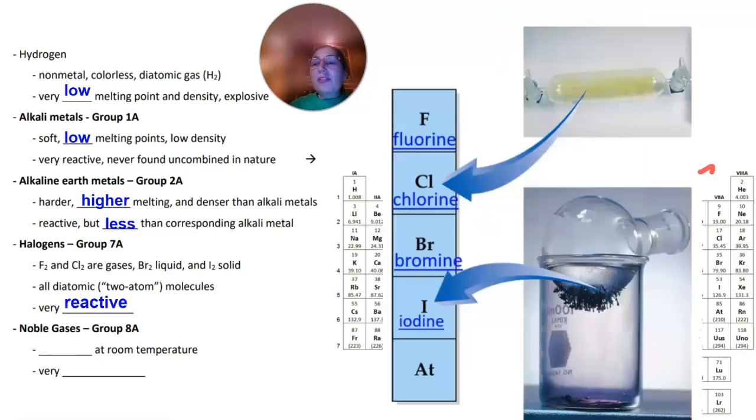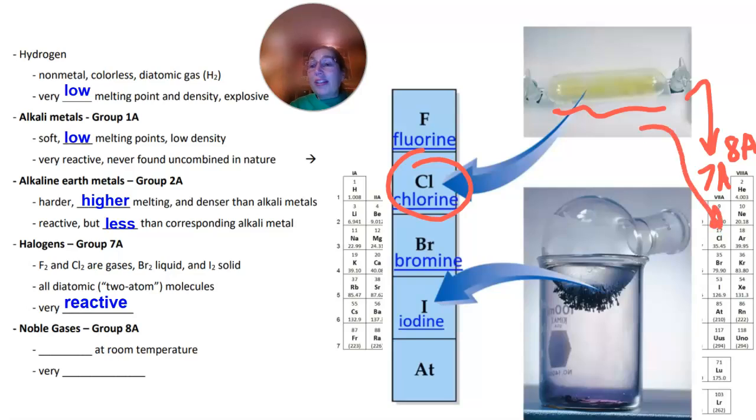Here we go. Halogens are over here in the 7A. These halogens are things like we've got chlorine. Chlorine gas is green. We've got iodine. Iodine's a solid at room temperature. And bromine is actually a liquid.